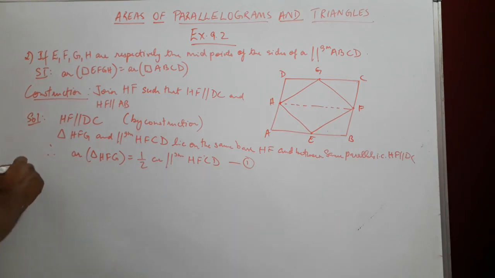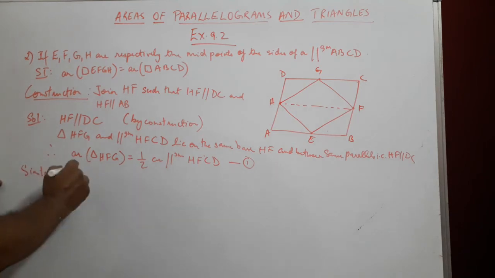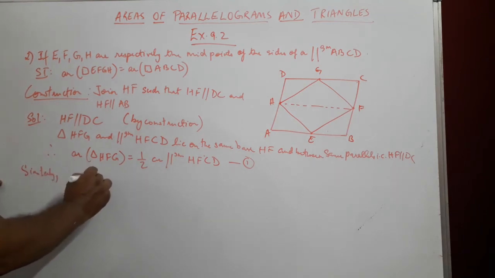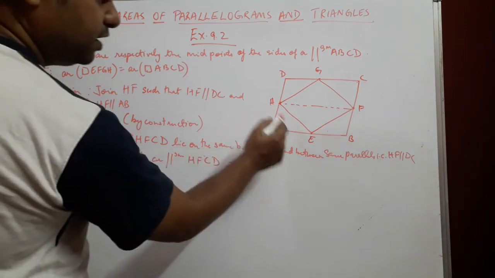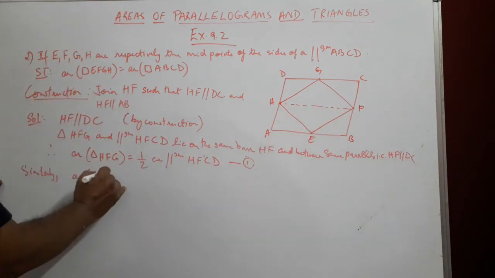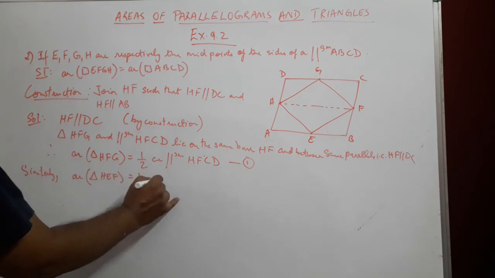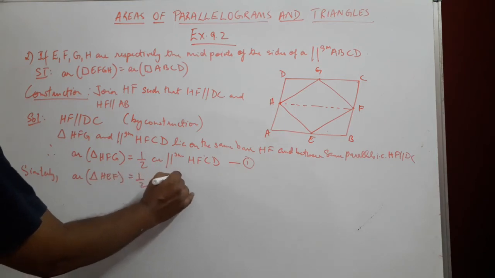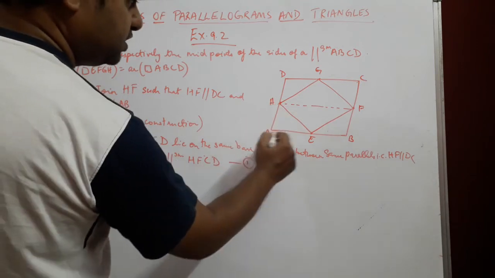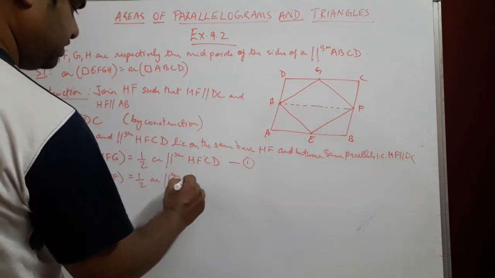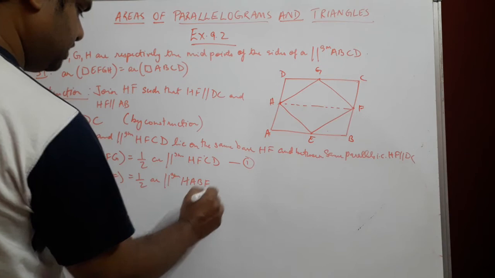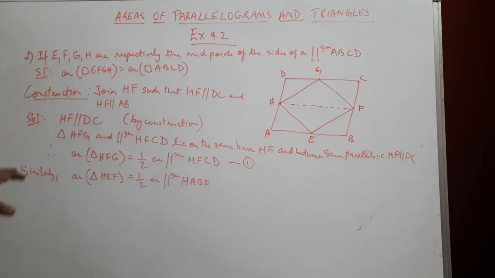Similarly, area of triangle HEF is also half of the area of the parallelogram, this time HABF. Why is that?